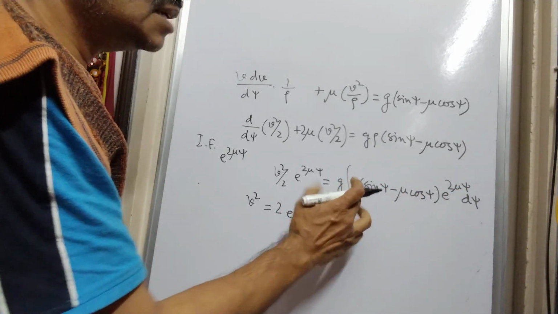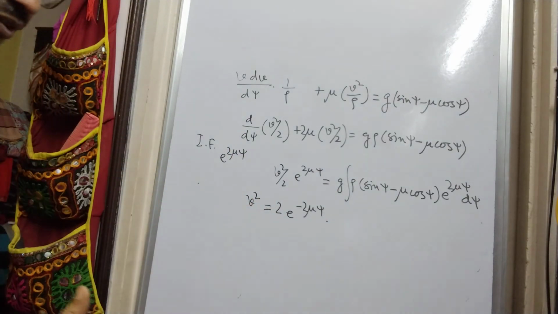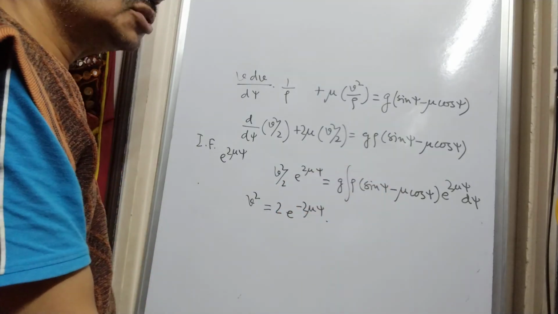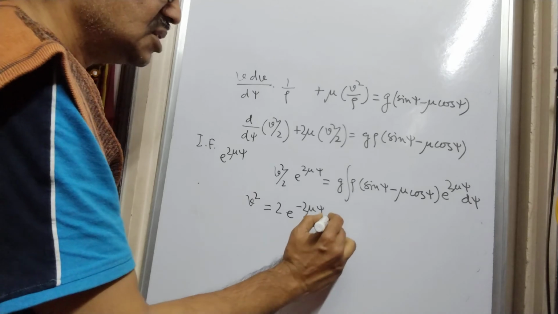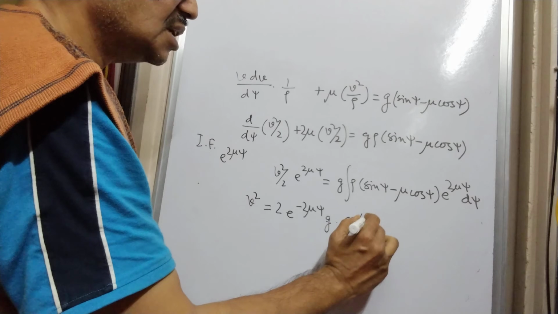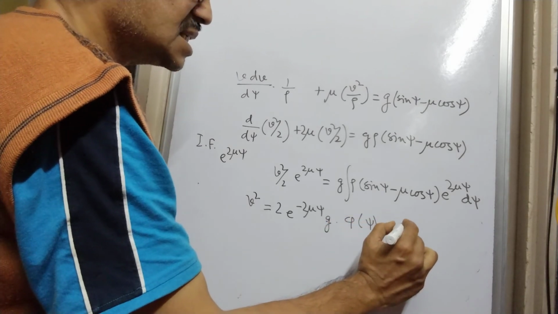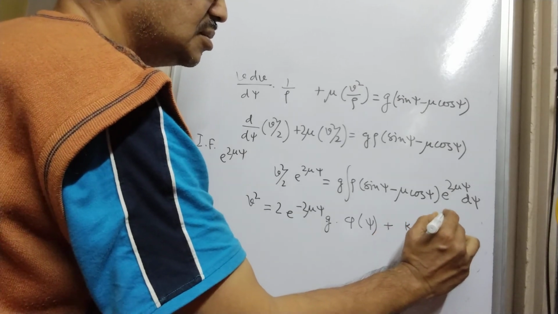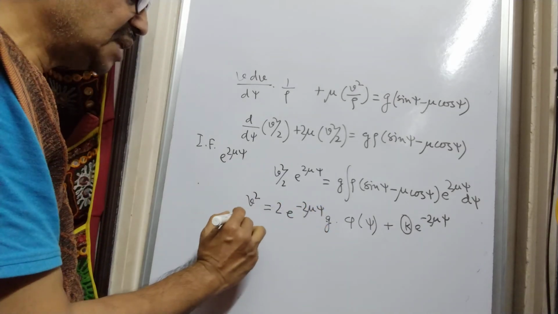For constant radius, that means for a circle or for any curve which has radius of curvature not dependent on psi, we may keep it outside. So this is g into, and if we integrate this, we have some function of psi, and we will have to adjust with a constant of integration. K is the constant of integration, and that can be easily found from the initial condition.